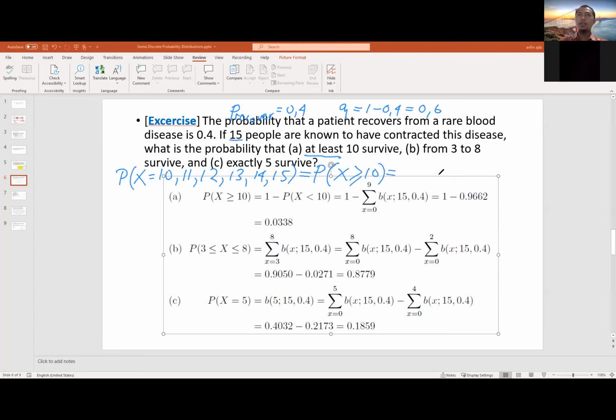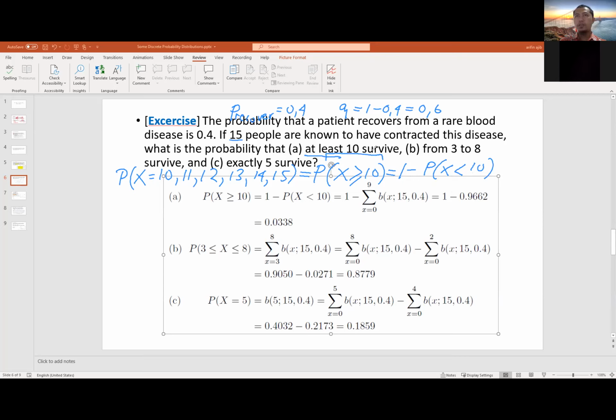And then it is equal to 1 minus the probability X less than 10. Actually, in this solution it is written like this. Is there any other solution?